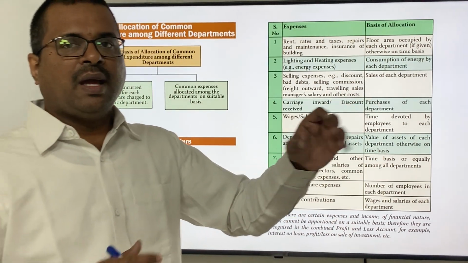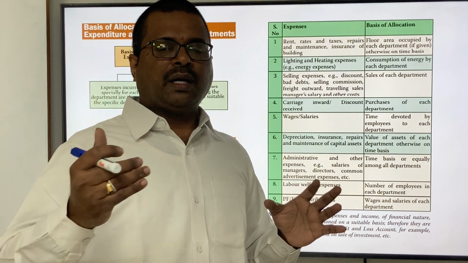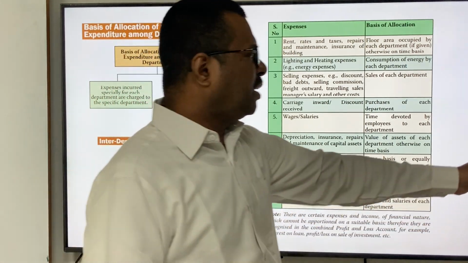Suppose department A had purchased 500 rupees worth of goods, and department B has purchased 1000 rupees worth of goods, and they have spent 100 rupees on transportation.